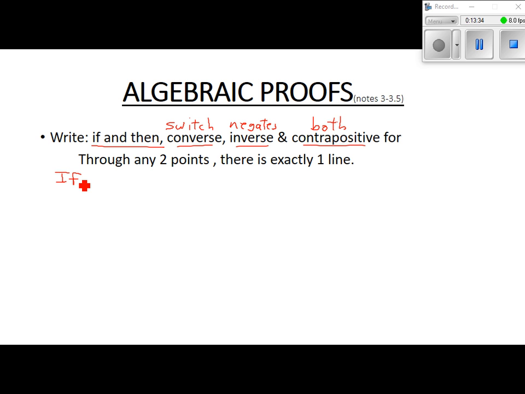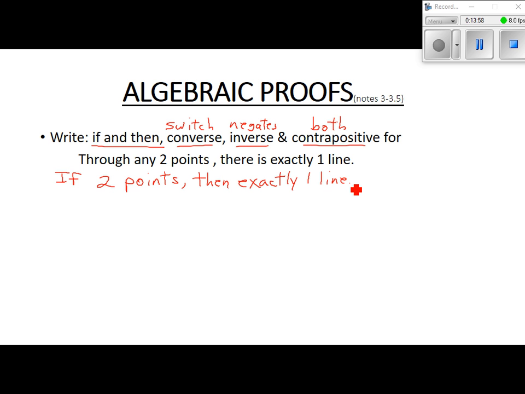All right, we can shorten it up, it doesn't have to make great sense, but if 2 points, then what do we know? It is exactly one line. Then exactly one line. We talked about this earlier this year, right?